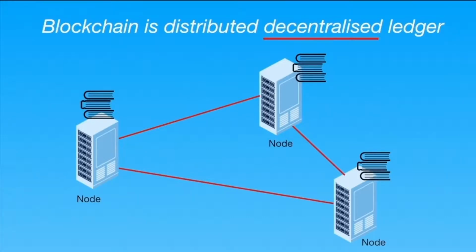In order to make any update in this ledger, the transaction has to be approved by the various nodes that are part of the network. So we can say that a blockchain is a distributed decentralized ledger where any updates in the ledger happen via the consensus of the various nodes that are participating in the blockchain.